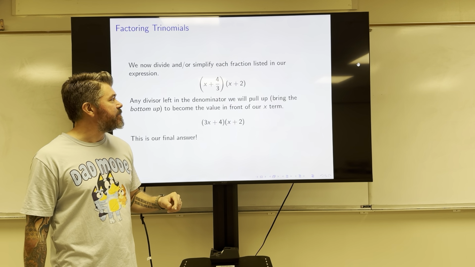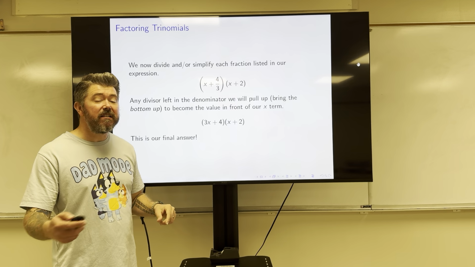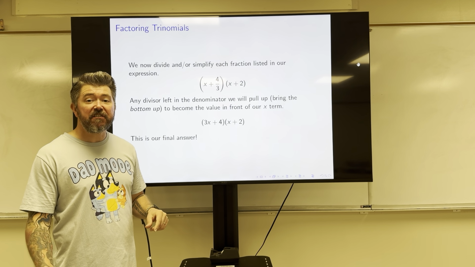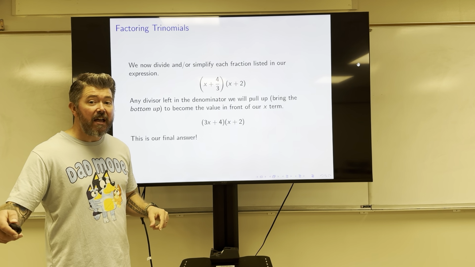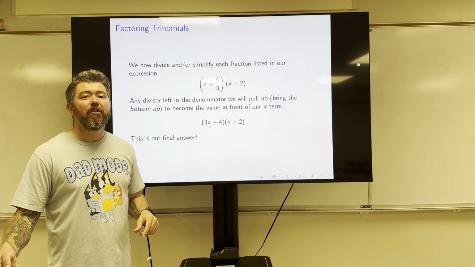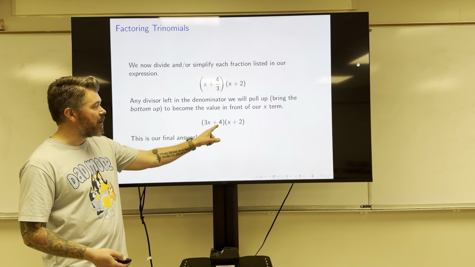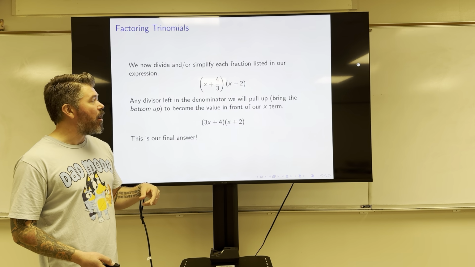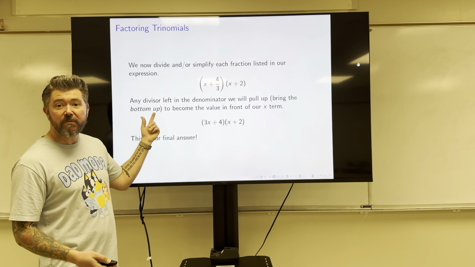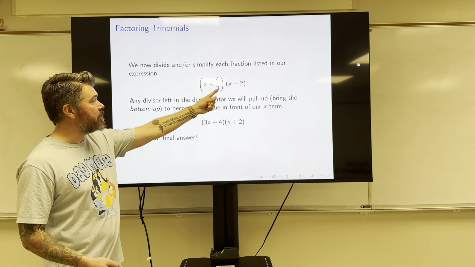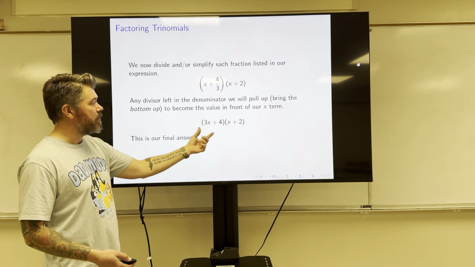Here's where the name comes in. Anything that didn't divide nicely after simplifying, that stays on the bottom, we're going to bring it up to the top here, up to the front. And this is why we call it the bottoms up method, because I'm going to bring my bottom up.